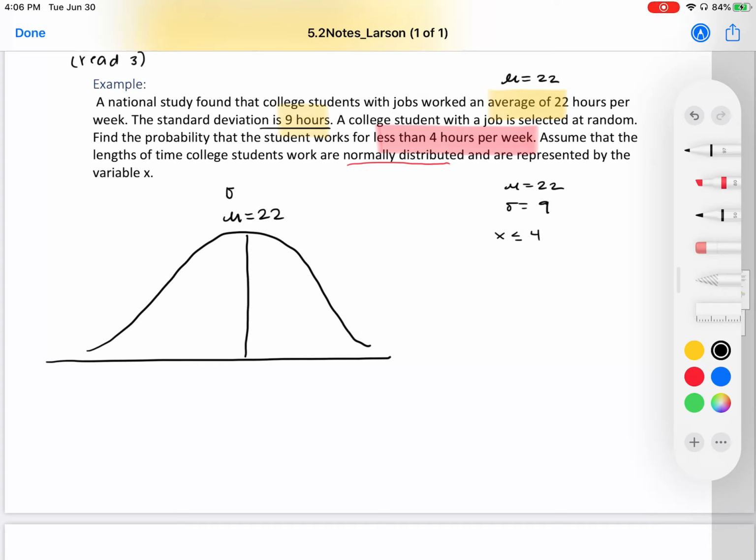And we have to keep in mind that we have a standard deviation of 9 because we're going to be using that. Now our question wants us to find the values that are less than 4. All right, so if 22 is our middle or average, we want to find those that are 4 or less.